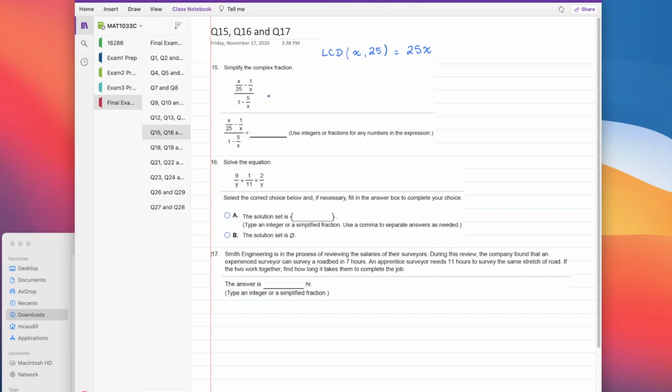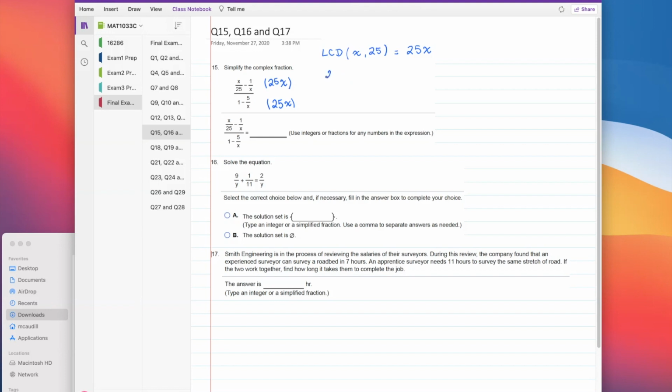Once you find the LCD, considering all the denominators, you're going to multiply each individual rational expression by this LCD, on the numerator and on the denominator. The idea is for you to reduce this complex fraction as much as you can. So I'm going to use 25x, multiplying each one.